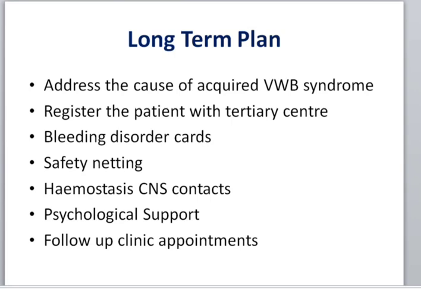Immunosuppression can be in the form of steroids or rituximab or cyclosporine. It depends on the team involved in the treatment of this patient and on the hospital or trust guidelines.